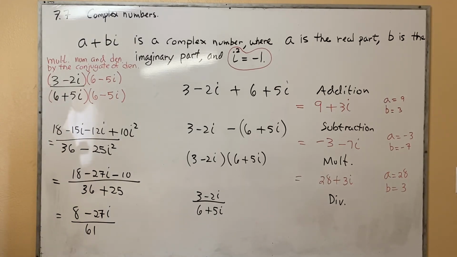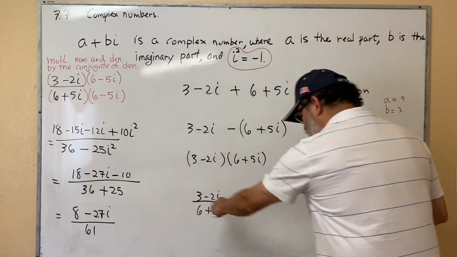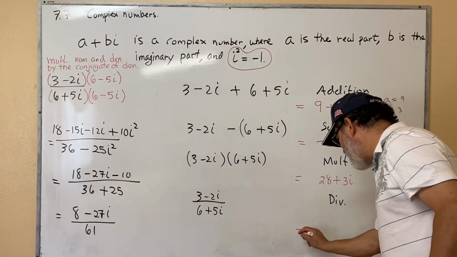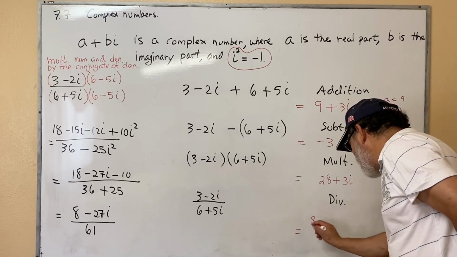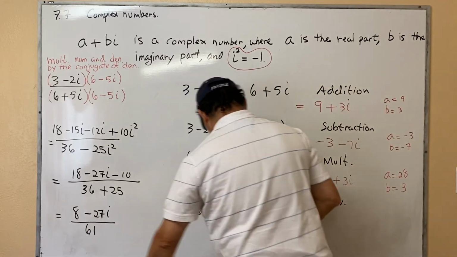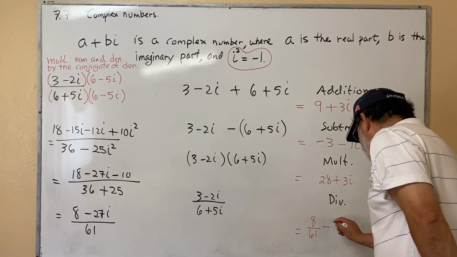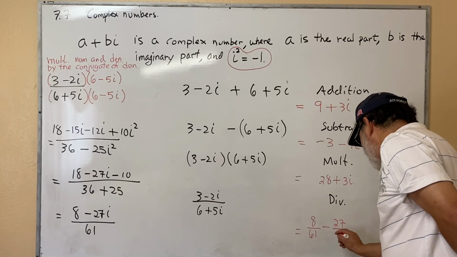All right. Okay, let's express this as a complex number. As a complex number. It's going to go right here. The answer to this is going to be, as a complex number, 8 over 61. It's coming from there. Minus 27 over 61i.